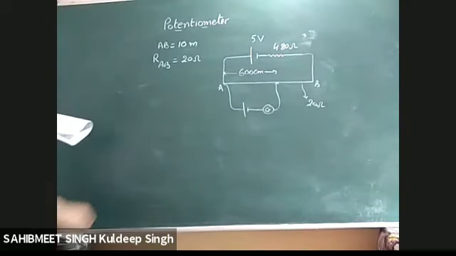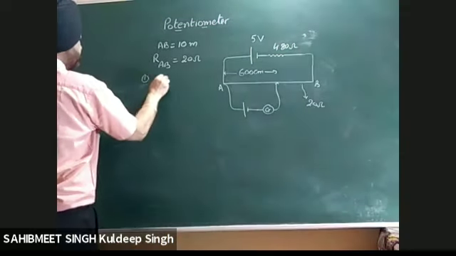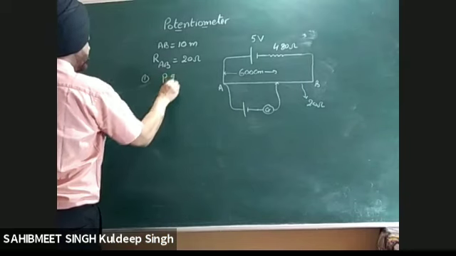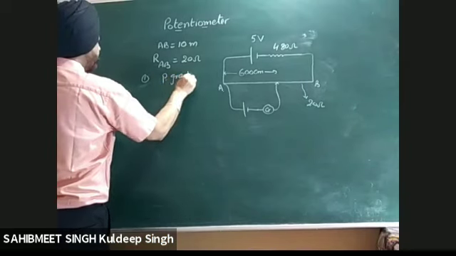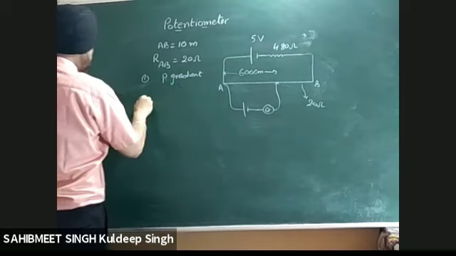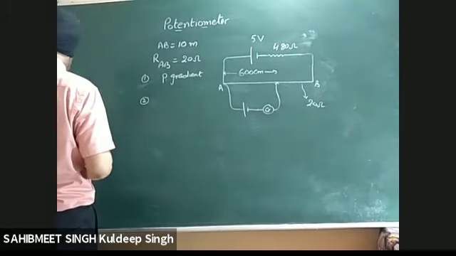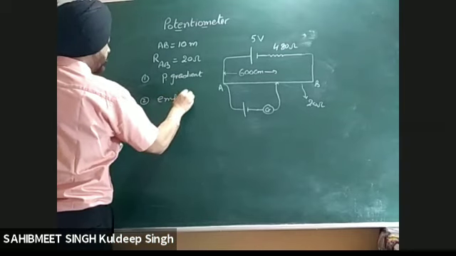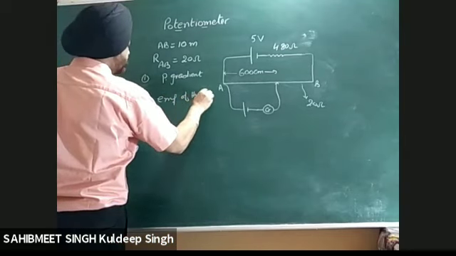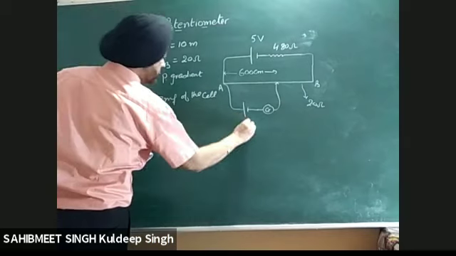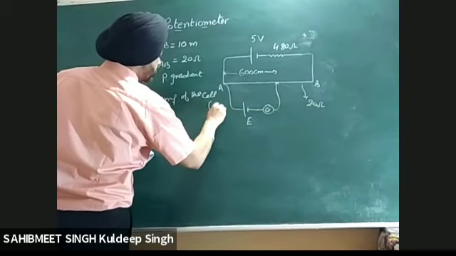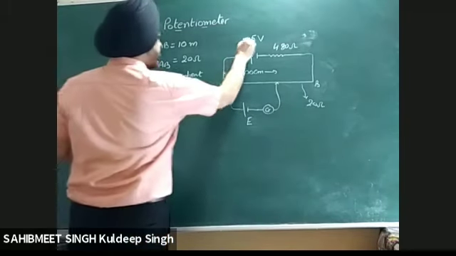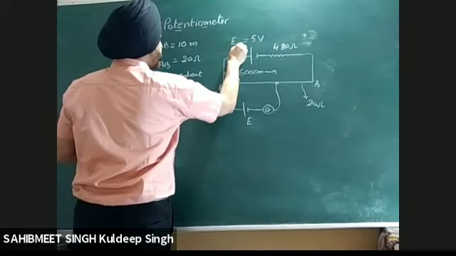And we have to find, number one, the potential gradient, and number two, the EMF of the secondary cell. This one I want to find out, and this is say E naught.